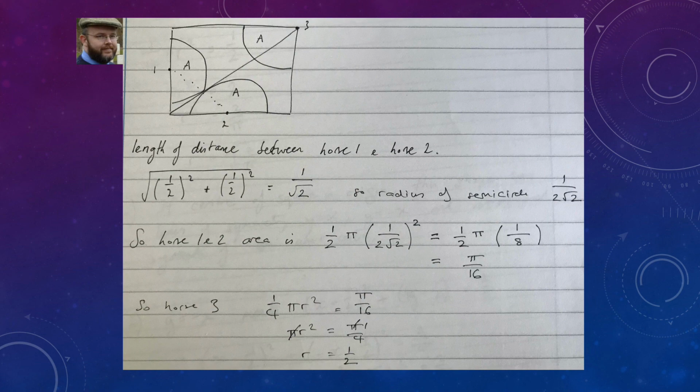And because I've got the radius, I can work out the area. Of course I want my third horse to have access to an equal amount of area. So horse 1 and 2 can each reach an area of pi over 16. Horse 3 needs to have an area of pi over 16, but of course it's a quarter circle, and therefore its rope is going to be a length half, as opposed to the other horses.